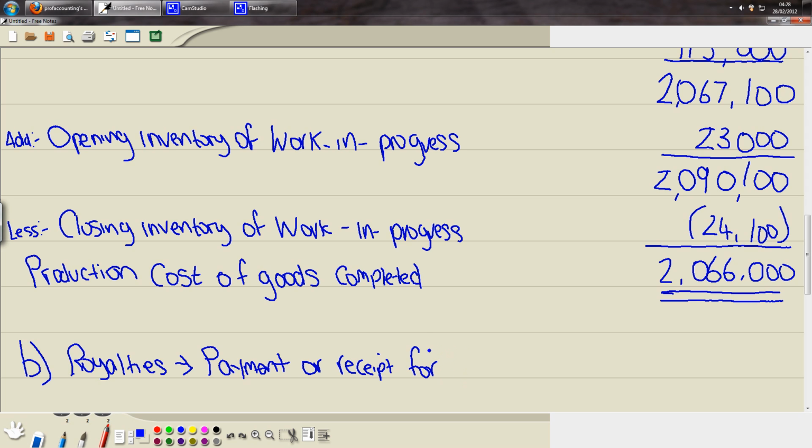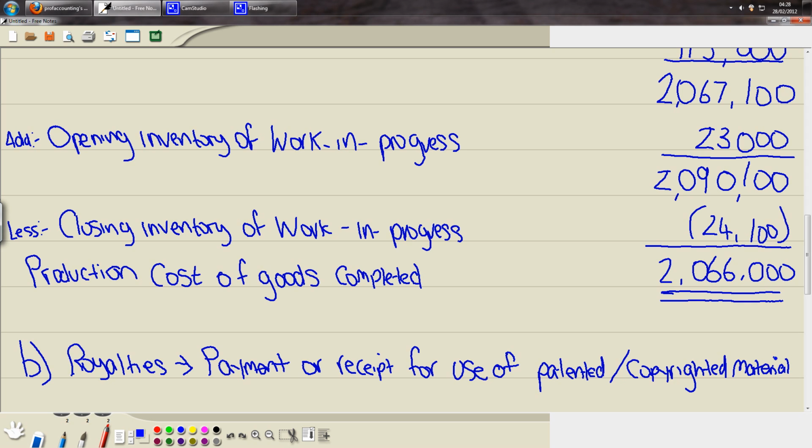So a receipt for use of patented or copyrighted material. Obviously not material in the sense of manufacturing.